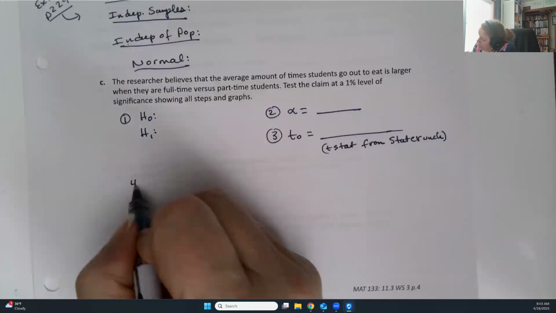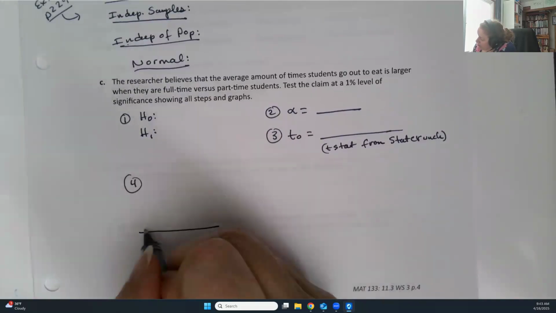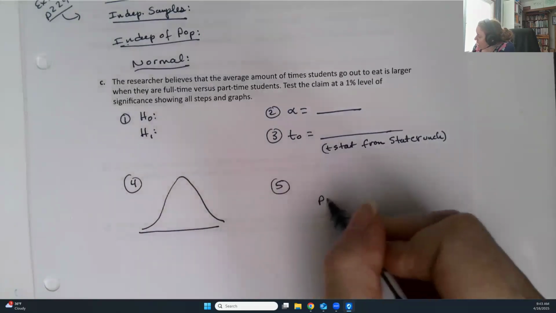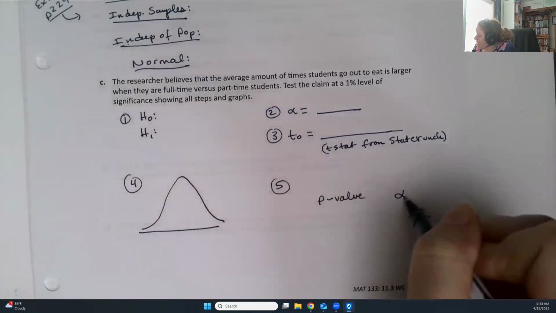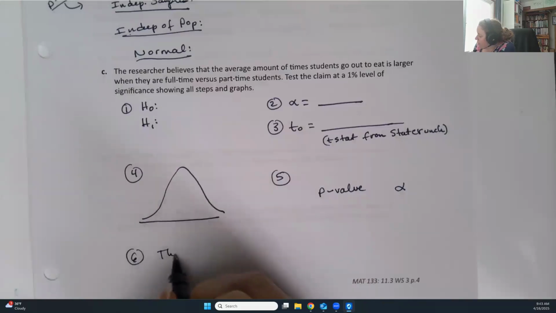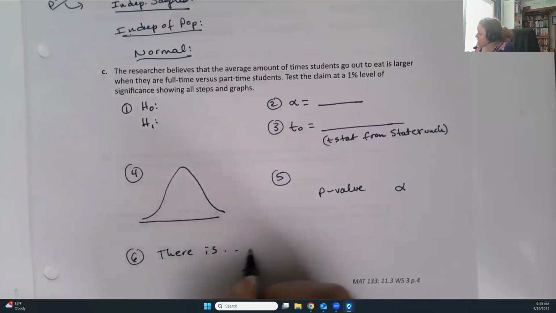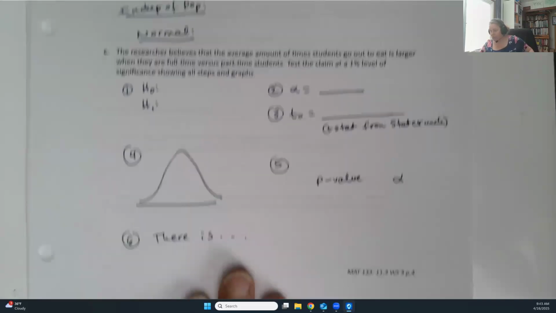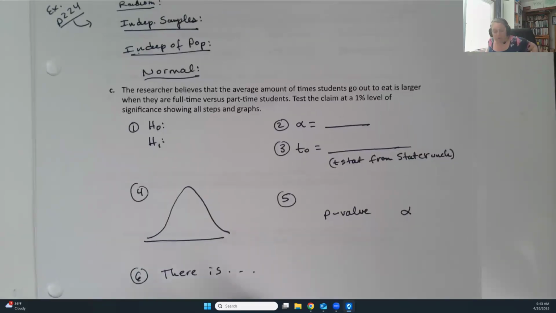And then you're going to draw your picture. And then you're going to figure out what your p-value and your alpha compare, and then there is or is not blah, blah, blah, blah, blah, right? We just did one, but that's just how hypothesis tests work.